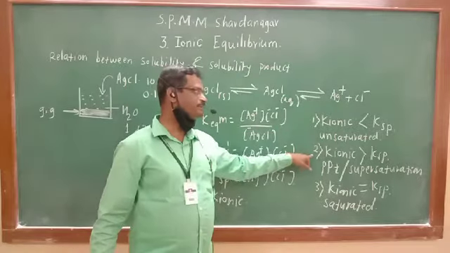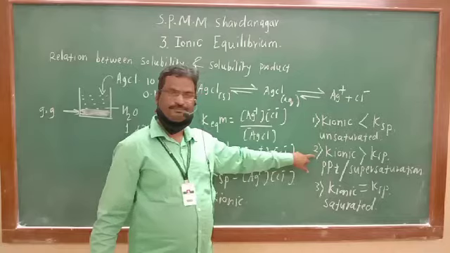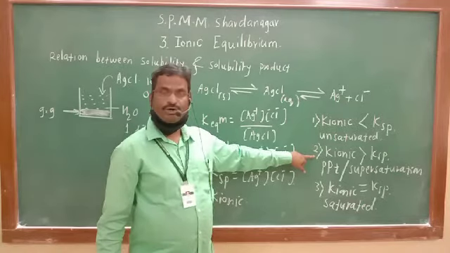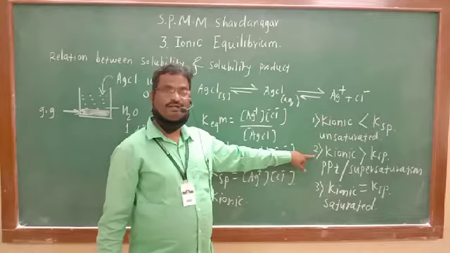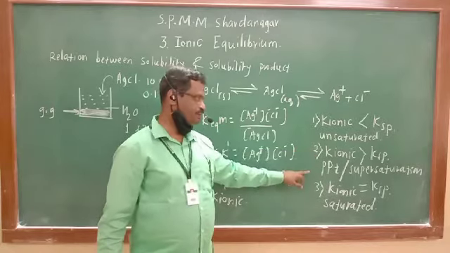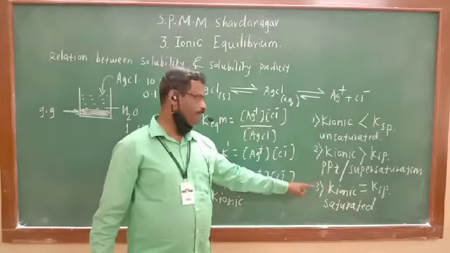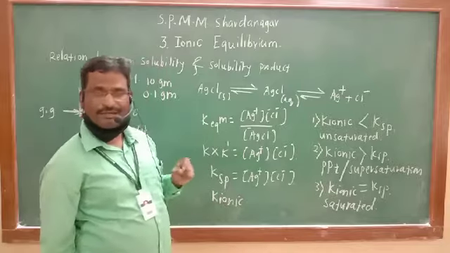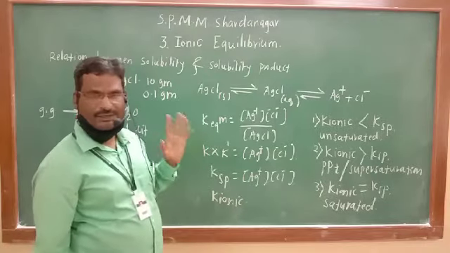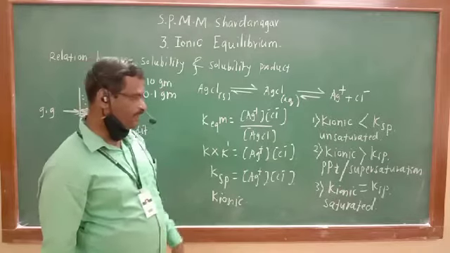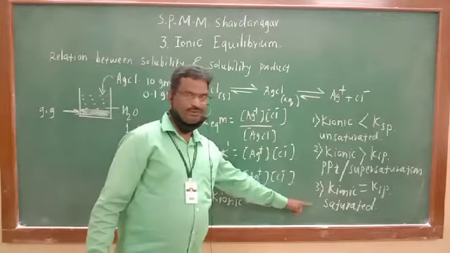Whenever ionic product is greater than solubility product, the excess solute gets precipitated at the bottom, that is known as a supersaturated solution. And whenever ionic product is equal to solubility product, the capacity of the solvent is exactly utilized to prepare the solution, and that is known as a saturated solution.